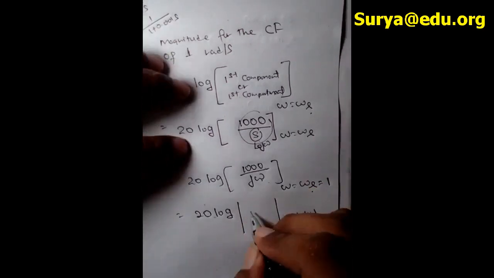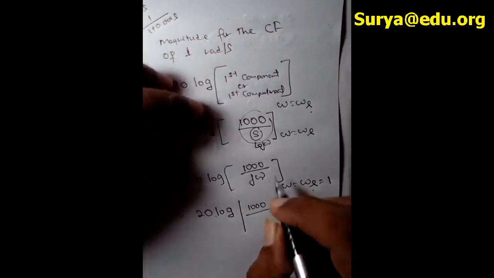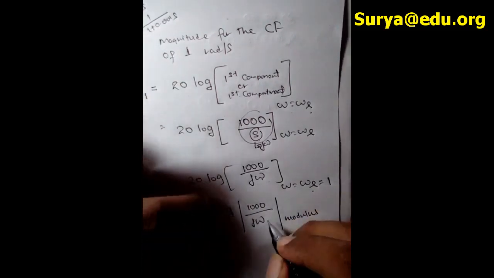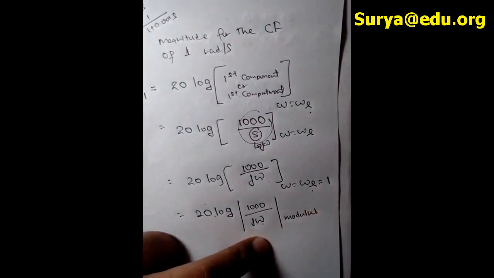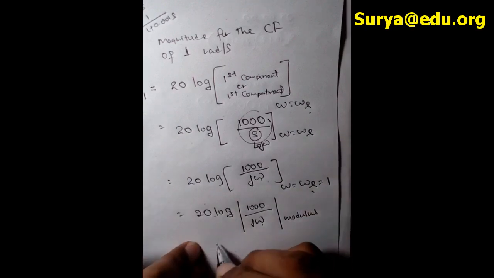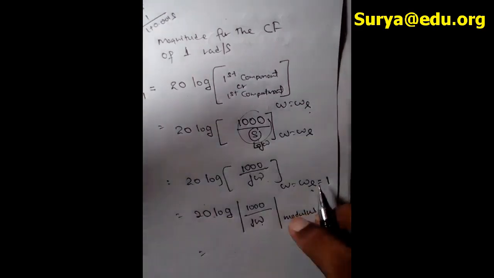Keep in mind, the first term is 1000 divided by j omega. Now here we have omega, so replace this omega by the lowest frequency. What is the lowest frequency? That is 1.